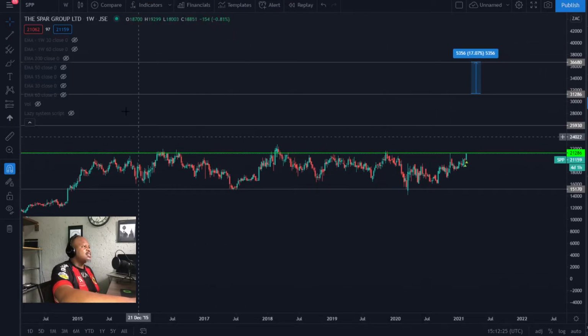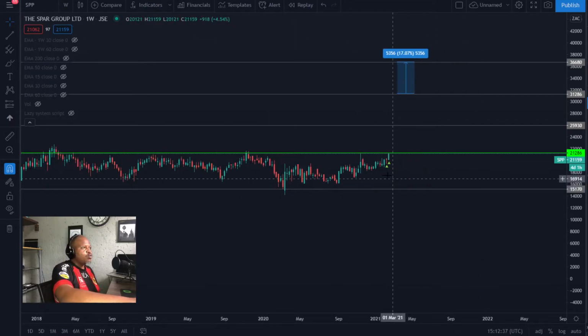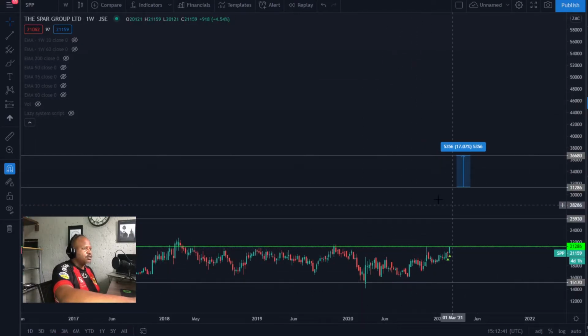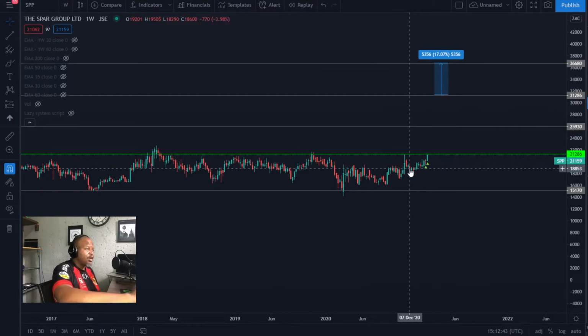As you can see, on this bar chart, this stock has been stuck in this range since December of 2014. So I'm waiting for a break and close above the 212 resistance level, about 3% higher.